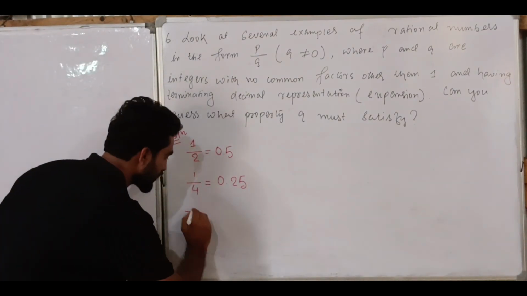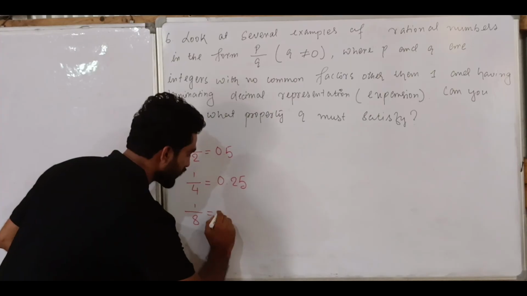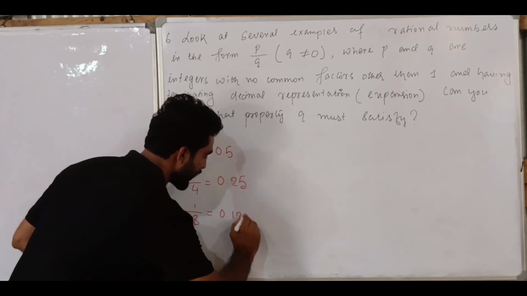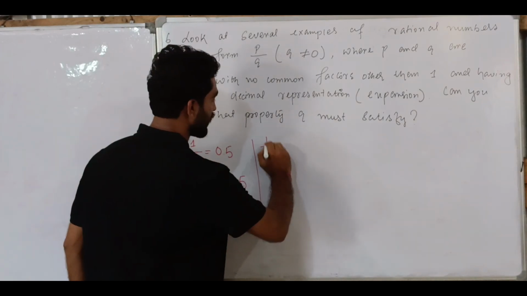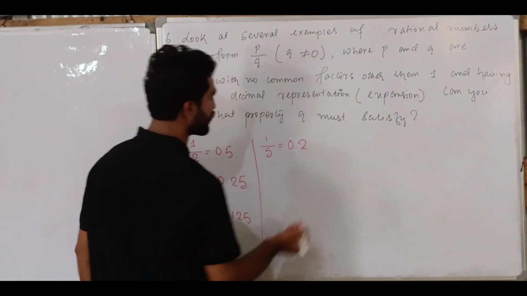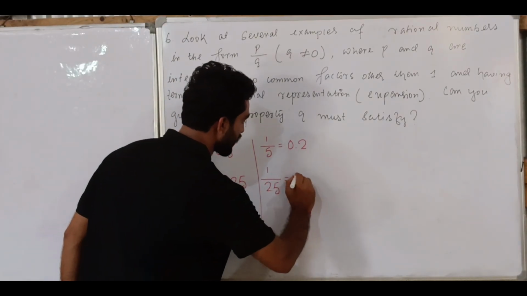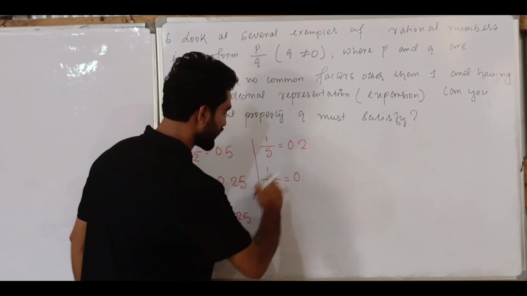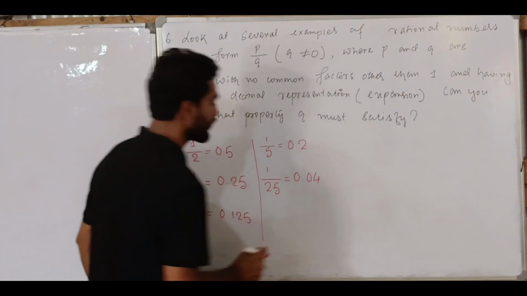The decimal expansion of 1 by 8 will be 0.125. Let's write some more examples. If I write 1 by 5, the decimal expansion will be 0.2. If I write 1 by 25, the decimal expansion will be 0.04.